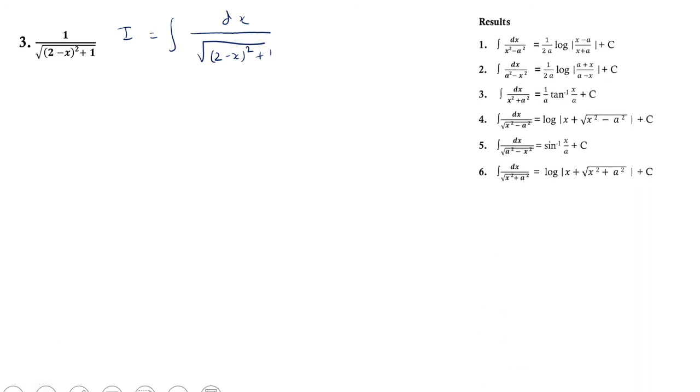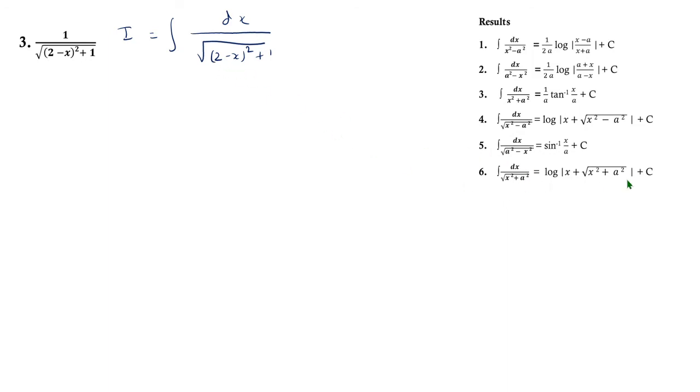The next one is 1 by square root of 2 minus x the whole square plus 1. So let us take I is equal to integral dx by square root of 2 minus x the whole square plus 1. Again it is of the form integral dx by square root of x square plus a square. In place of x we have 2 minus x.